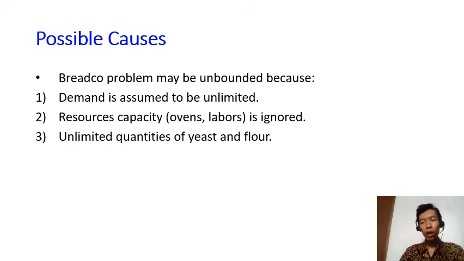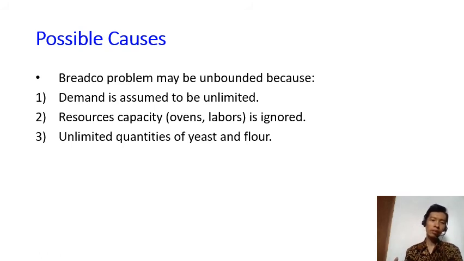You may wonder why that example became unbounded. Well, there are several possibilities. For example, first, the demand is assumed to be unlimited. You may produce as many breads as you want and people will buy them. That's the assumption in that example. The second possibility is that we ignore the capacity of the resources, like the ovens, the labor, and so on. There's nothing about this in that example. Also, we may buy unlimited quantities of additional packets of yeast and additional ounces of flour.